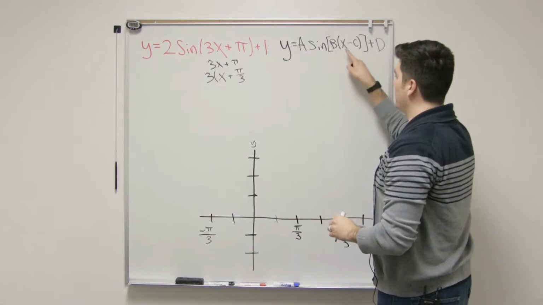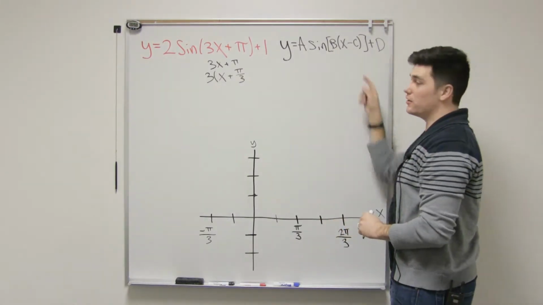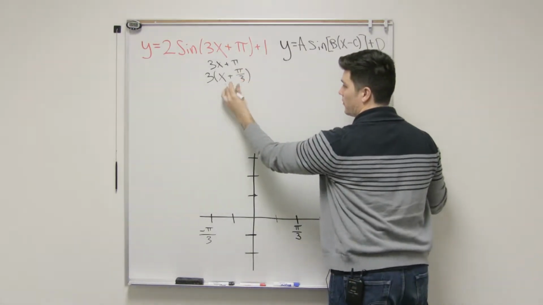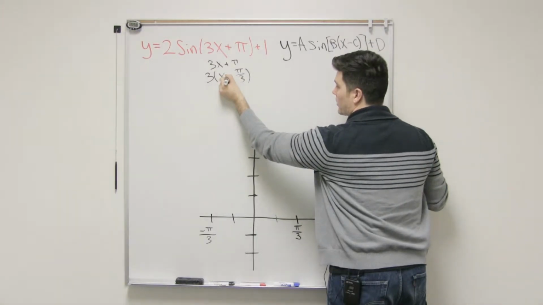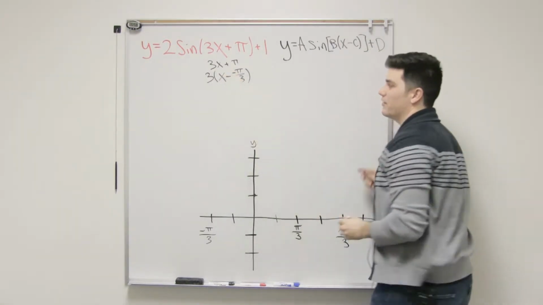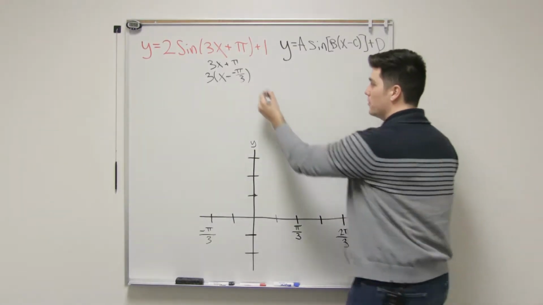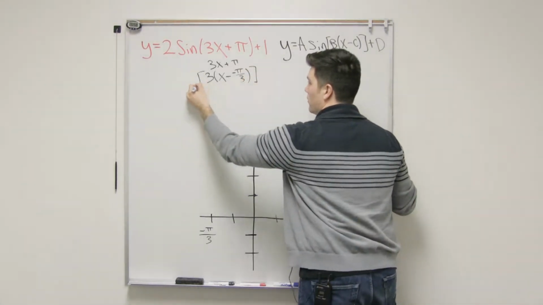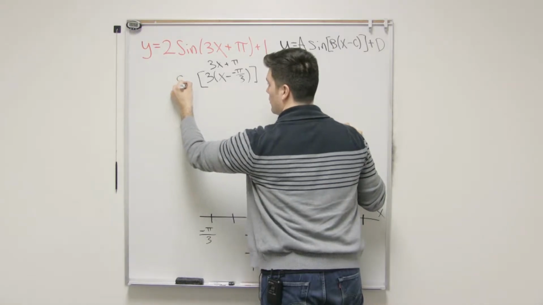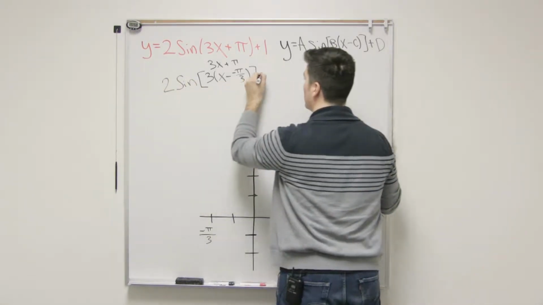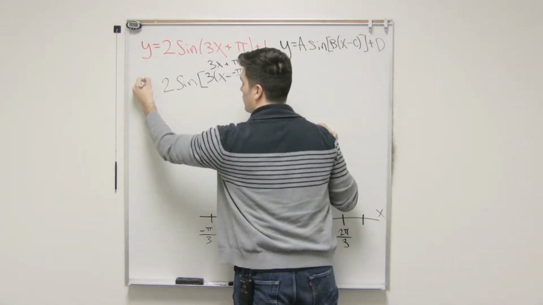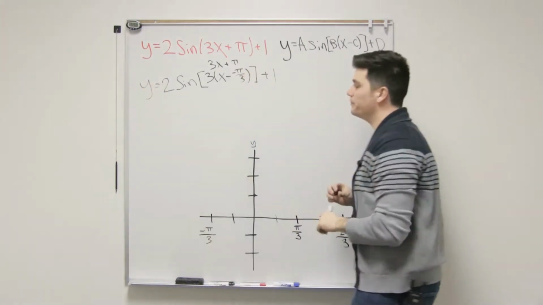But again, we want it to be x minus something. So instead of x plus pi thirds, we're going to say x minus a negative pi thirds, and that's going to be inside of our sine function. We then finish writing the function, plus 1, y equals all of that.